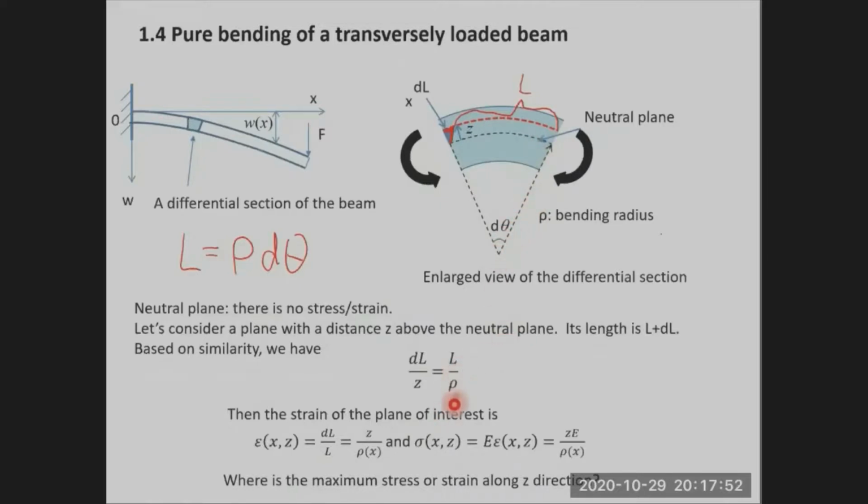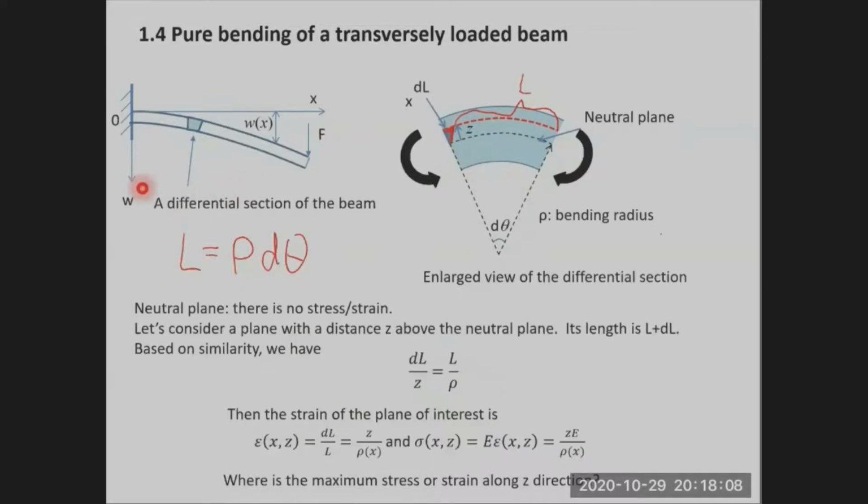This distance is z. So it's L over rho. This length is L, and this length is rho. So this equation is derived based on the similarity of these two triangles.